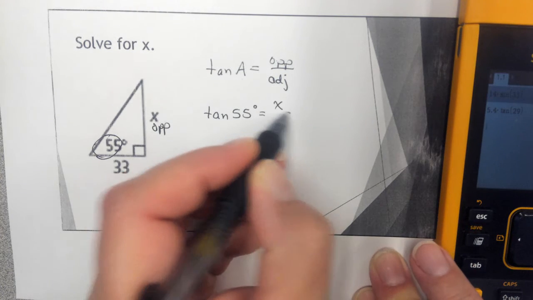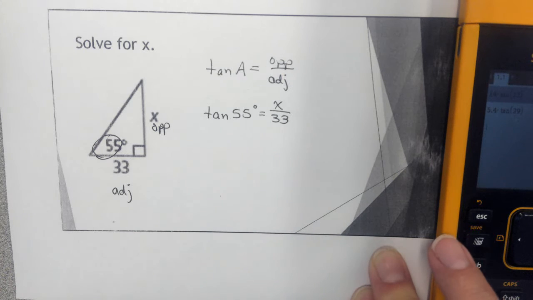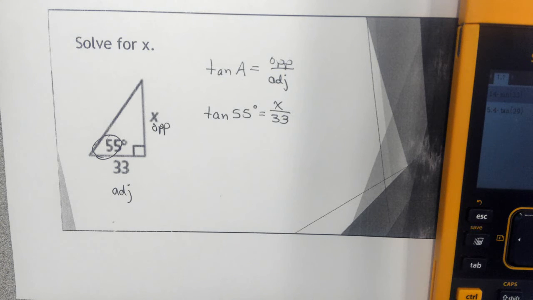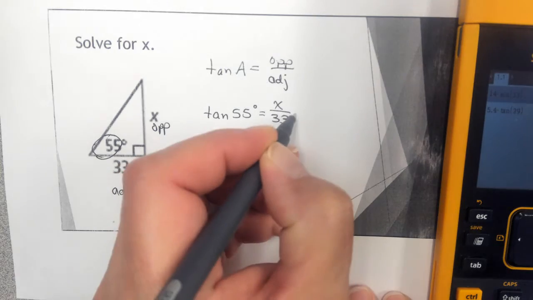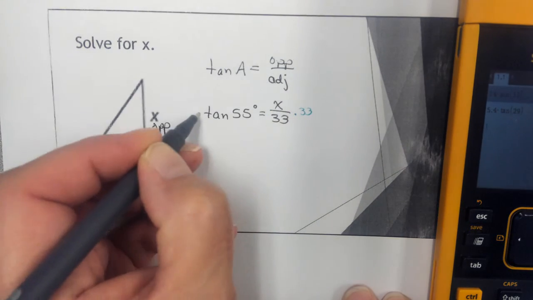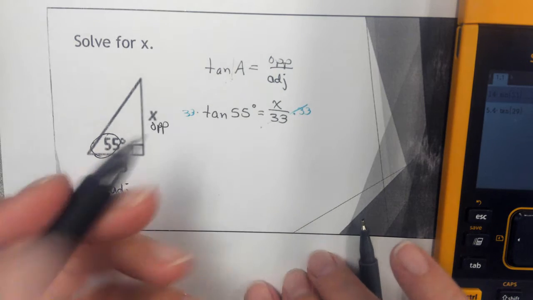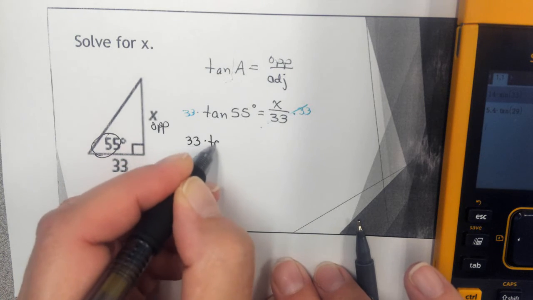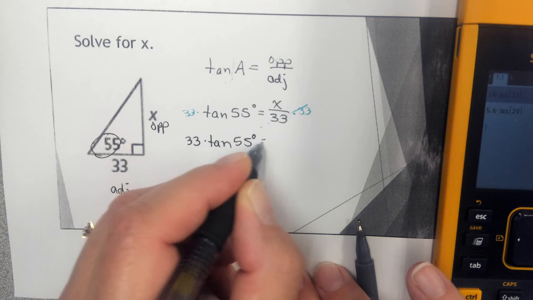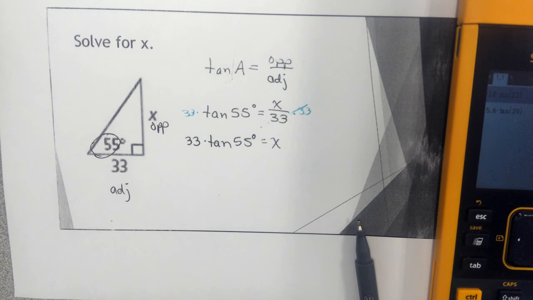That sounds good. X over 33. Then what? Thank you. Multiply by 33. So times 33 times 33. So 33 times tangent of 55 degrees equals X. And finish it with your calculator.